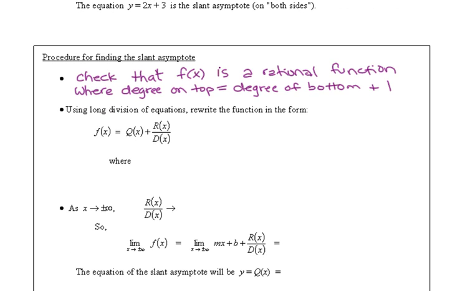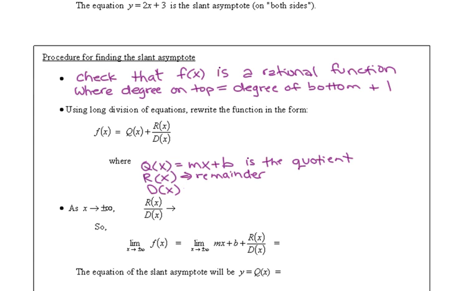So we're going to rewrite this using long division, where q of x equals mx plus b, and it's the quotient. R of x is our good old remainder. d of x is your divisor.